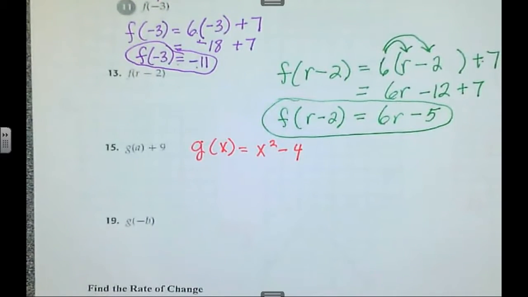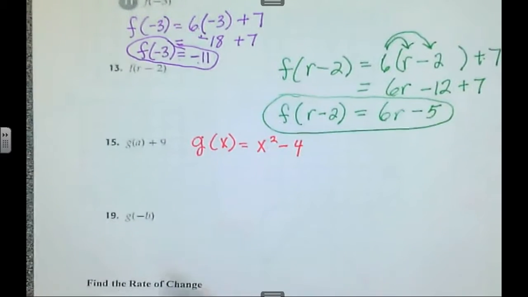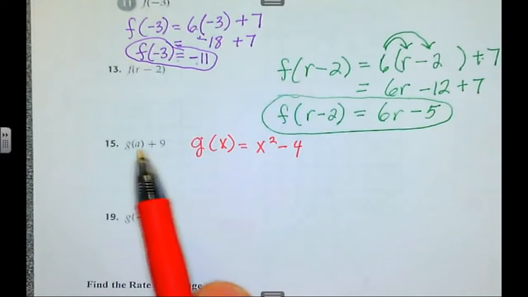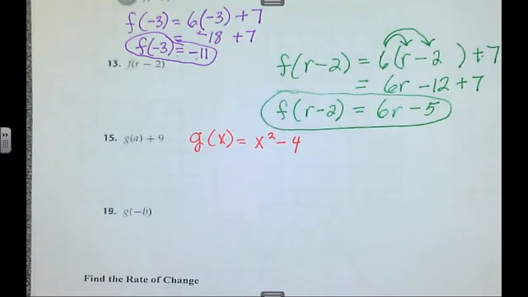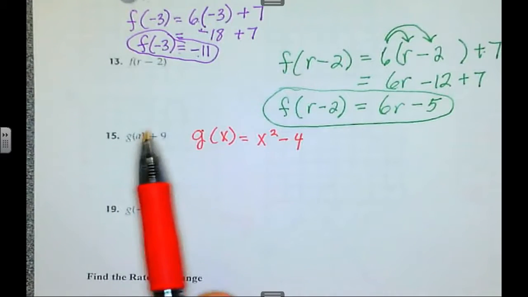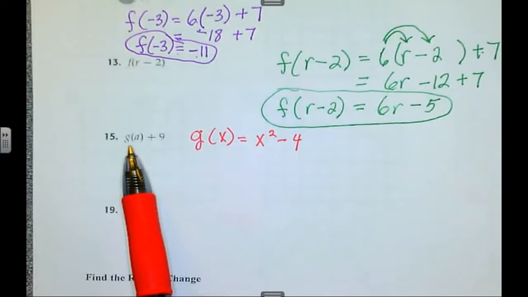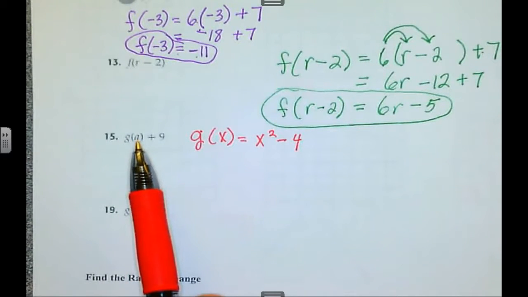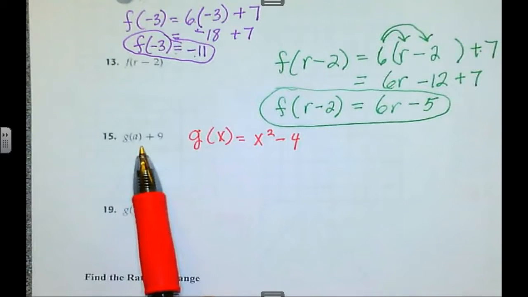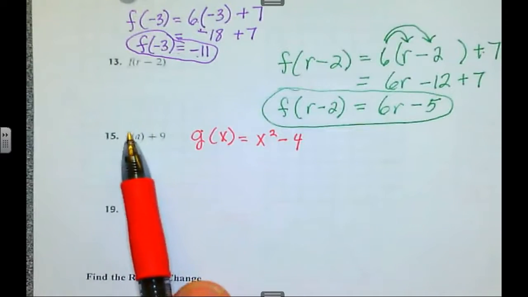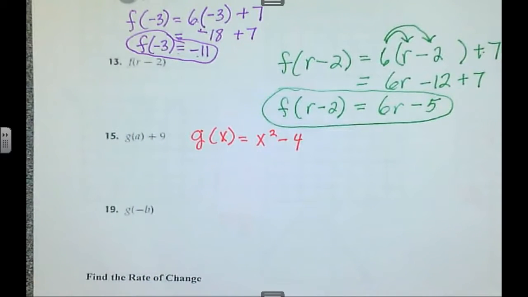The problem tells us, and this is a little tricky, we're not going to do composites in Algebra 1. It's telling me wherever I see an x, I'm going to put an a, and when I'm done with that, I'm going to add 9 to it as my last step.